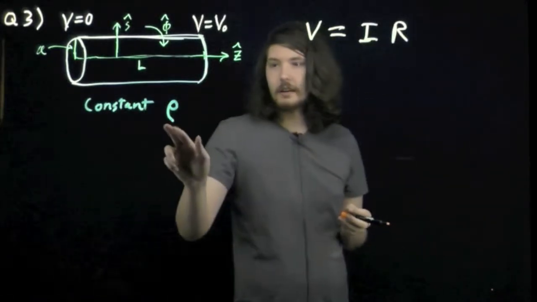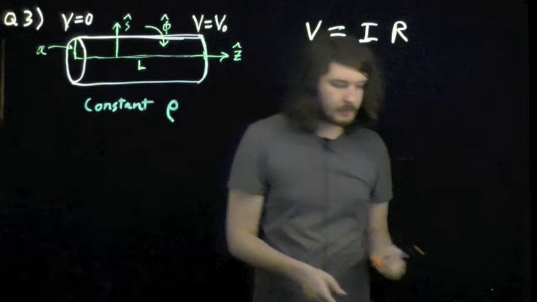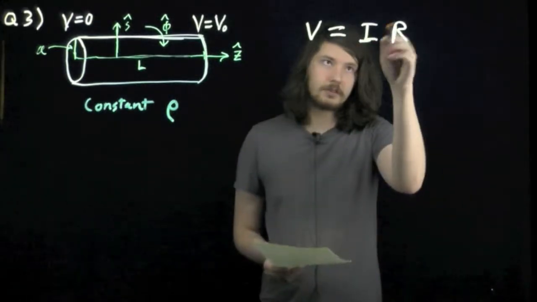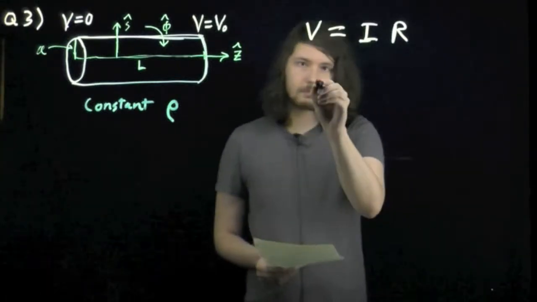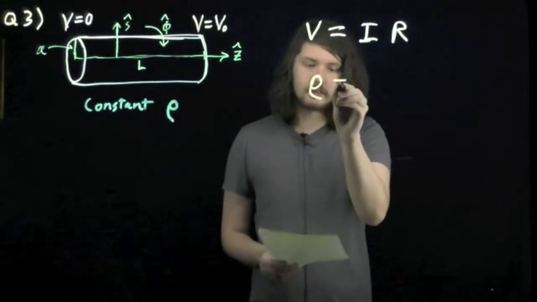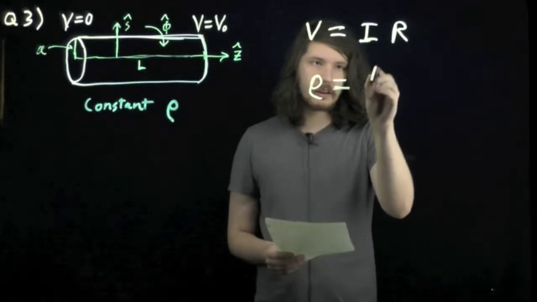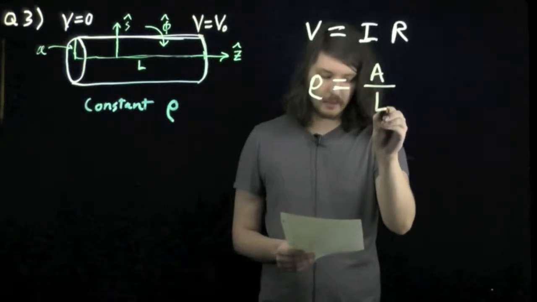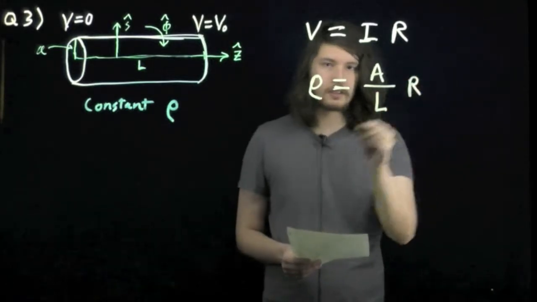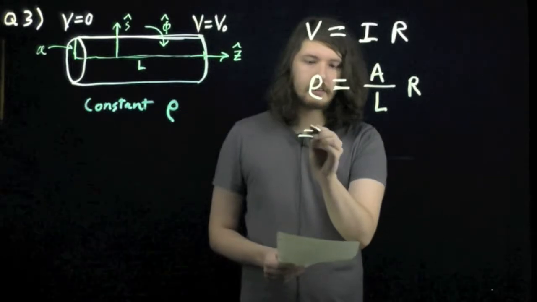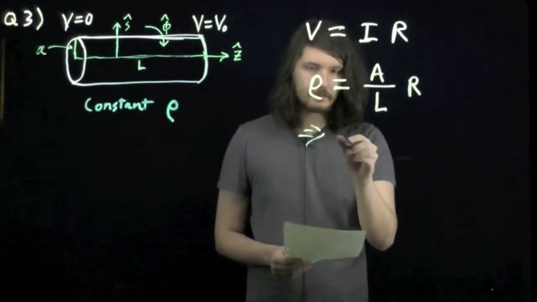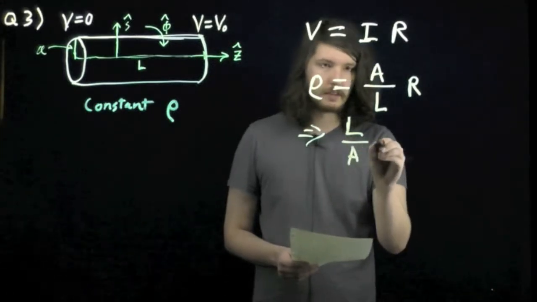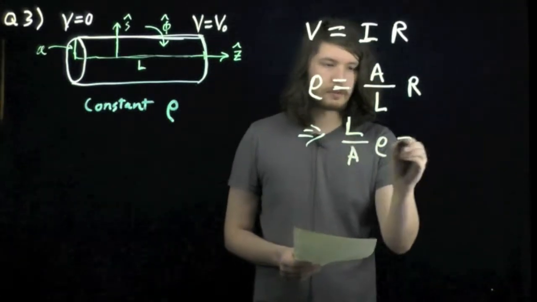You can get it from the resistivity, because the resistivity of a material is defined as the cross-sectional area of the material divided by its length times the resistance. A little rearranging, and you can rewrite this as L over A times rho is equal to R.